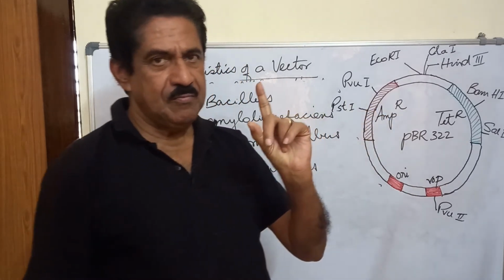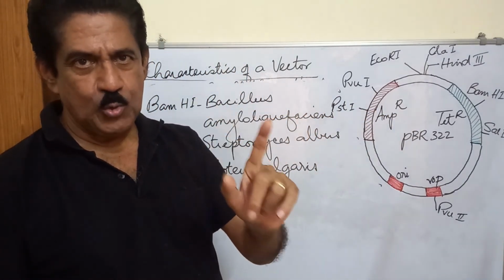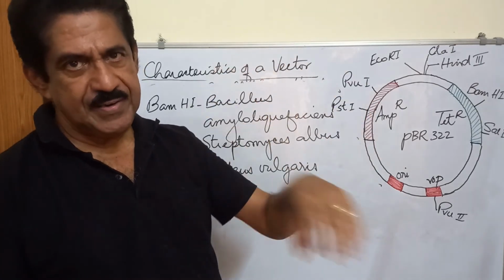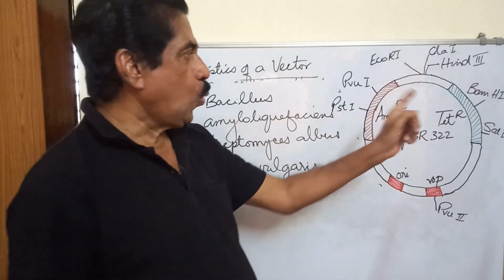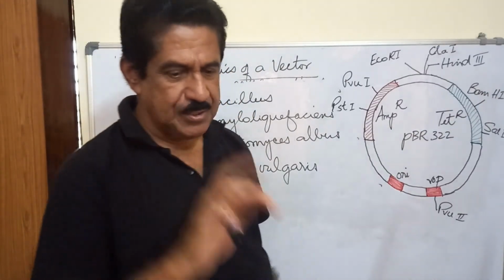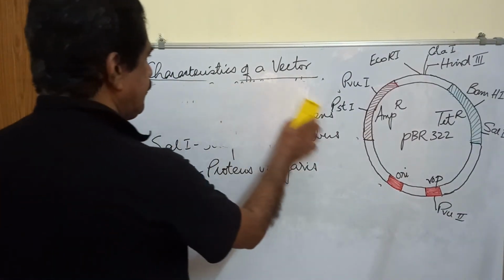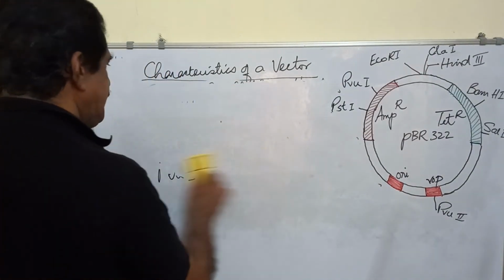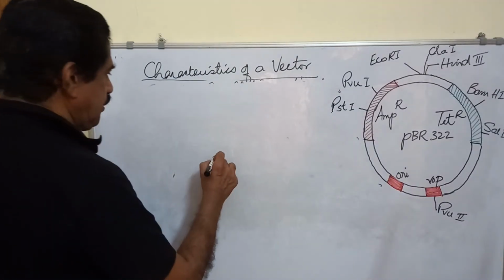We need only one enzyme, as I told you, because we are going to cut the plasmid at one location and insert the gene inside it. One thing you have to remember is, one enzyme should have only one site. I'll tell you the reason why. Let us say this is pBR322.